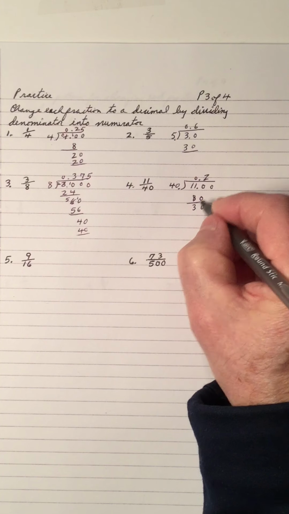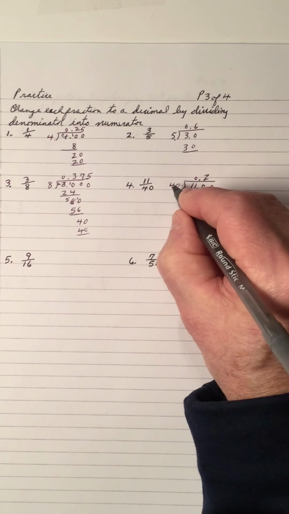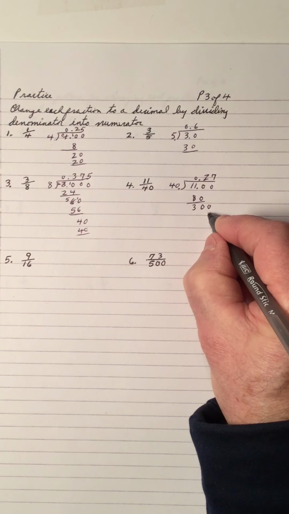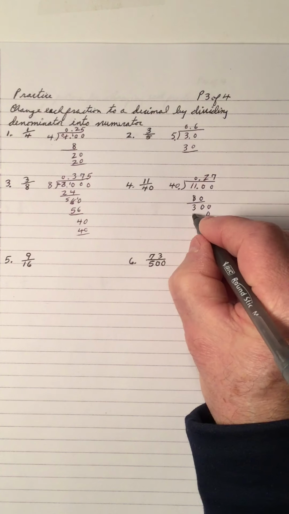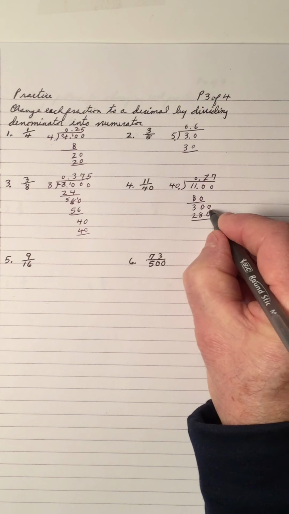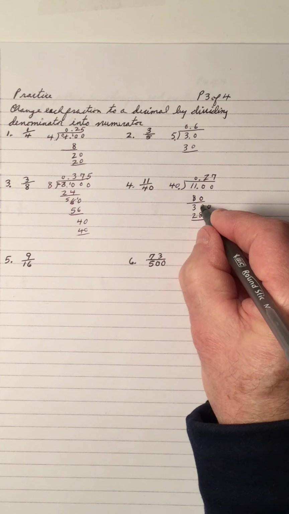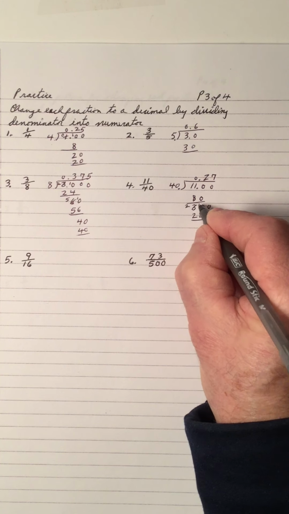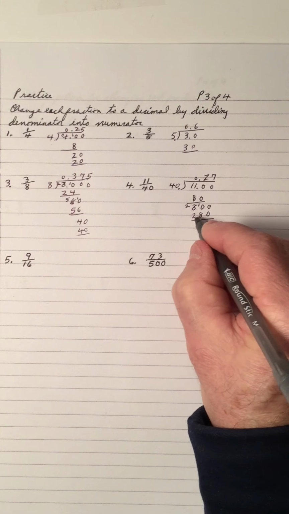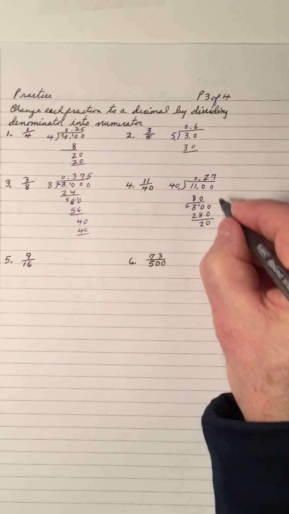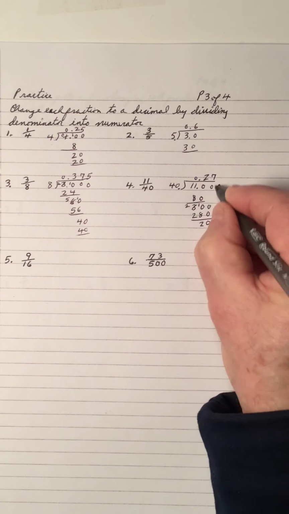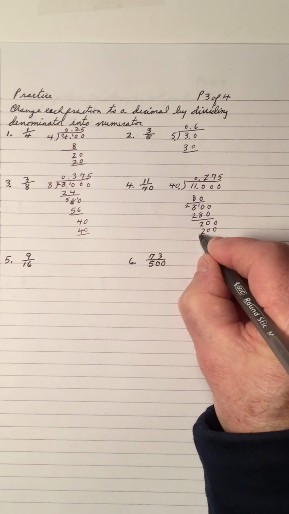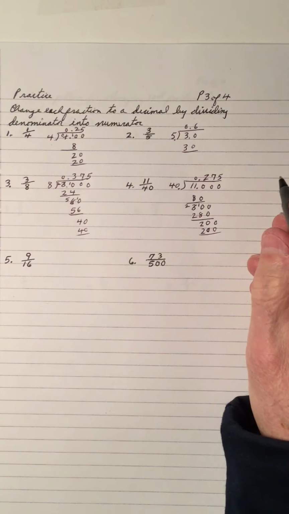How many 4s make 30? 4 7s are 28. So try 7. 7 times 0 is 0. 4 7s are 28. Subtract. 0 subtract 8 can't do it, so we make that a 2, make that a 10. 10 subtract 8 is 2. Notice 280 plus 20 is 300. Try another 0. 40 into 200 is 5. So we get, notice all these decimals are terminating, they're stopping.